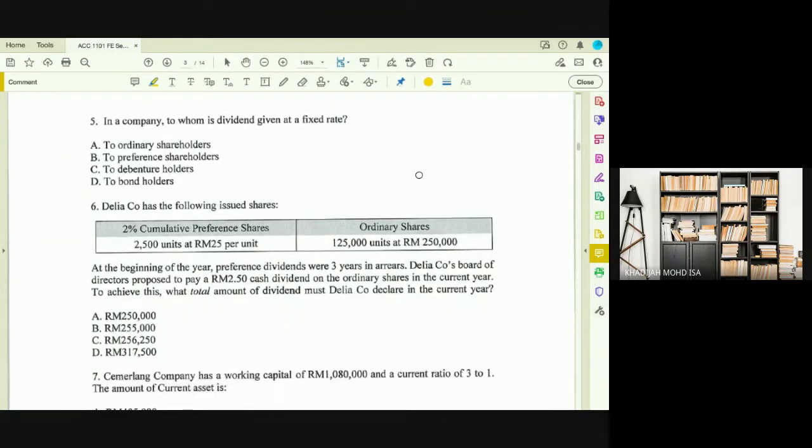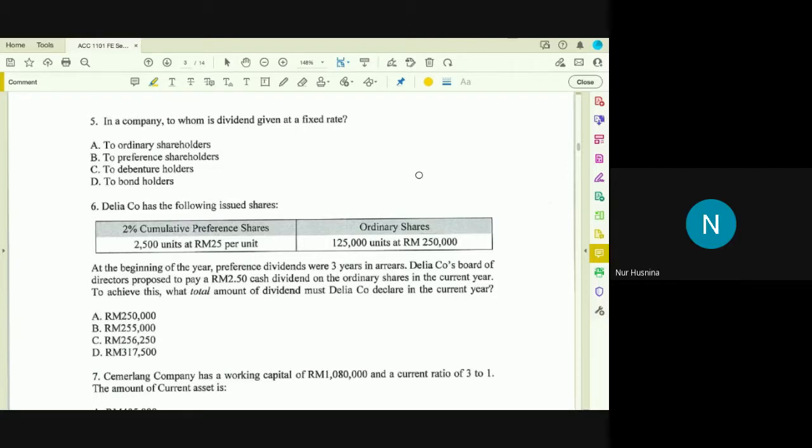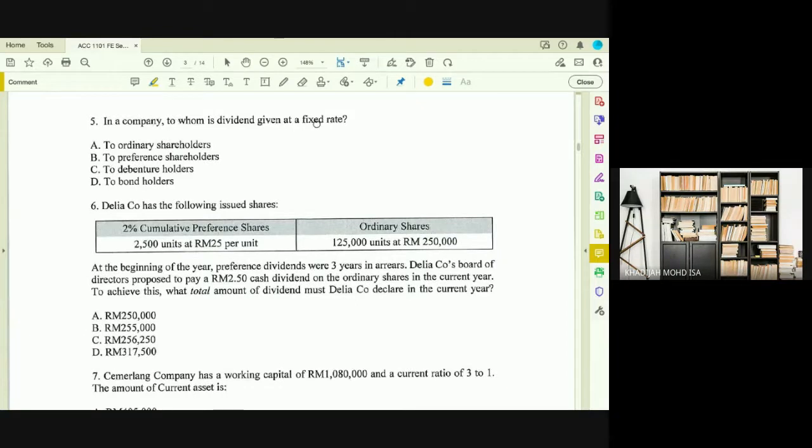Okay. In a company, to whom is dividend given at a fixed rate?